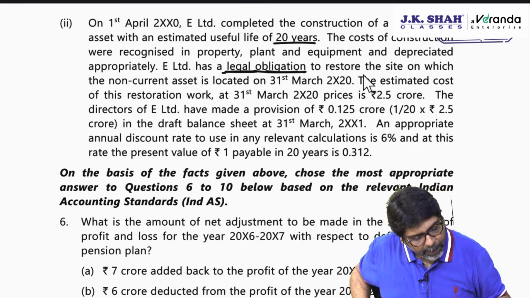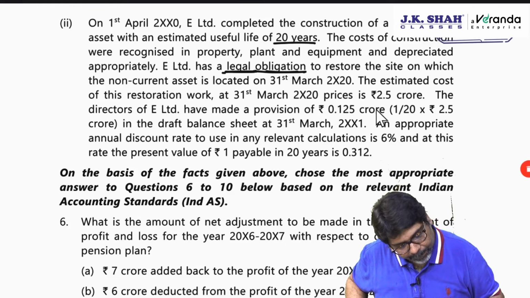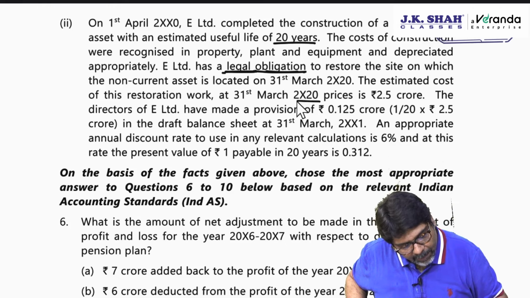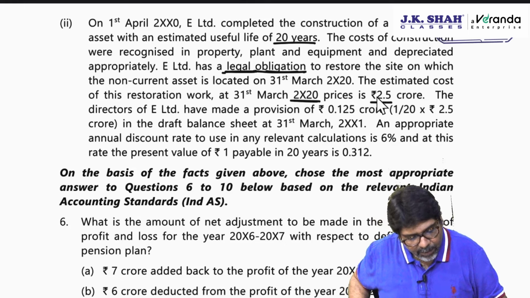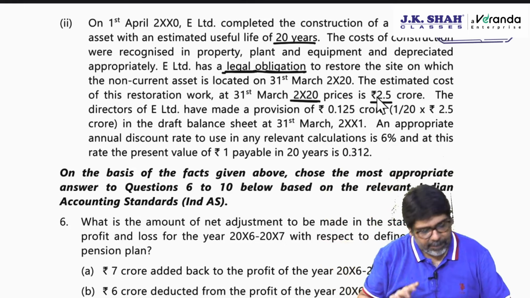To restore the site on which the non-current asset is located, the estimated cost at 31st of March 20 is 2.5 crores. That is, after 20 years, the cost will be 2.5 crores. That means after 20 years, we are supposed to incur 2.5 crores.